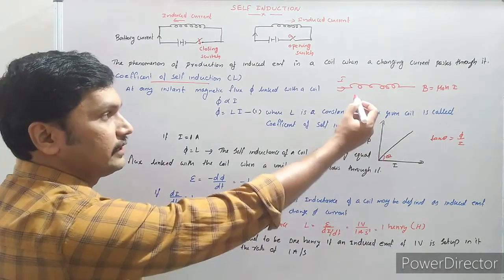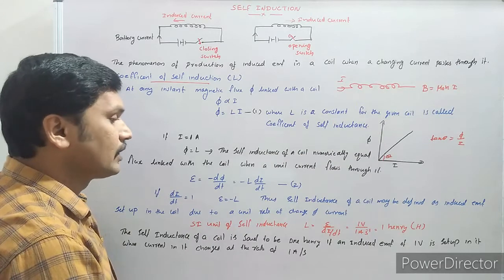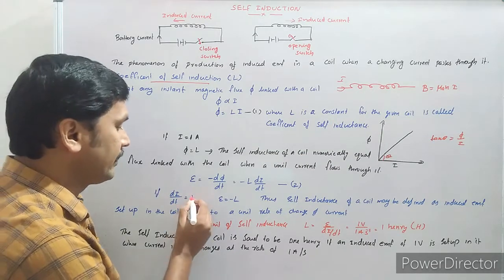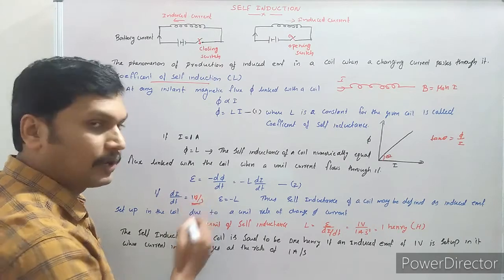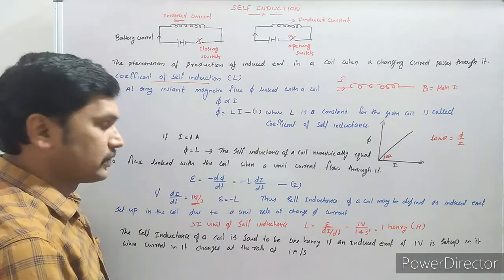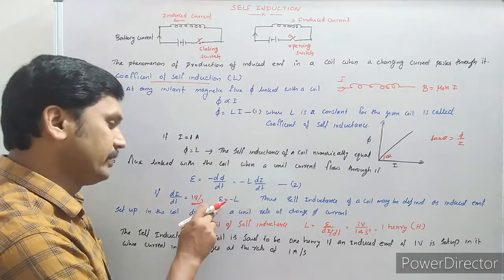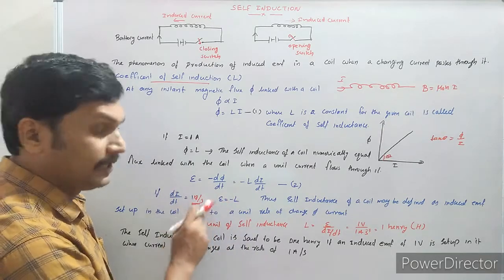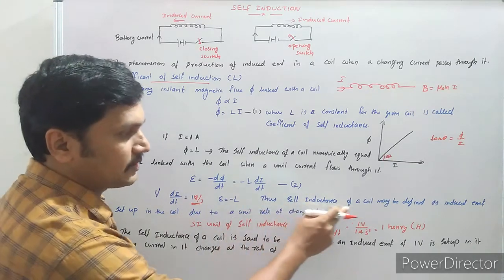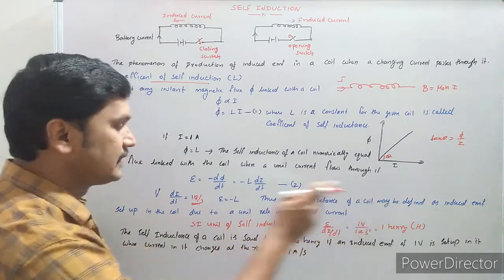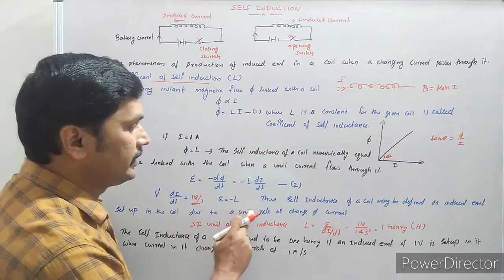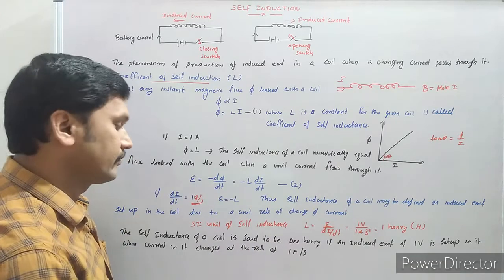Suppose the current in this coil is changed at a rate of 1 ampere per second, then E is equal to minus L. So the self-inductance is equal to the induced EMF when di by dt is equal to 1.